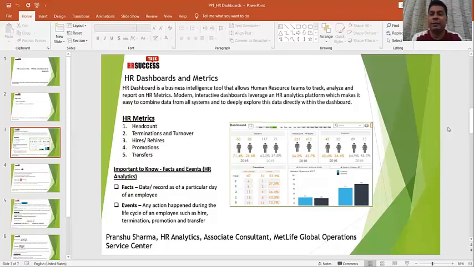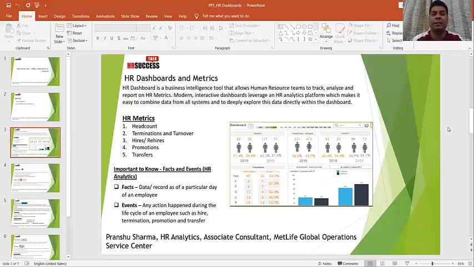Second comes event. An event is an action that happens during the life cycle of an employee, such as hires, terminations, promotions, and transfers. Generally you would see that there are multiple records or rows available in the system once you pull out the data for a particular employee. These are called events, wherein a lot of changes happen during the life cycle of an employee in an organization.